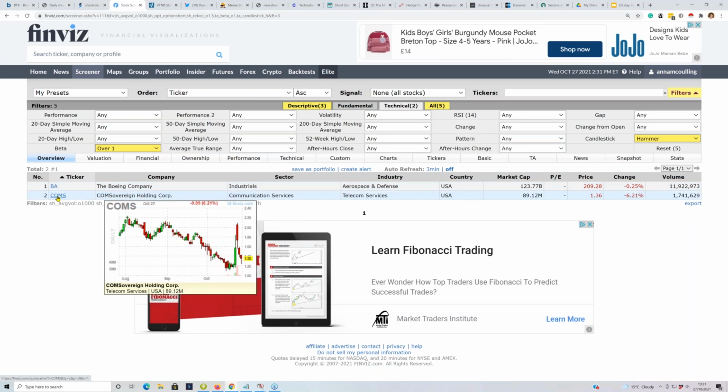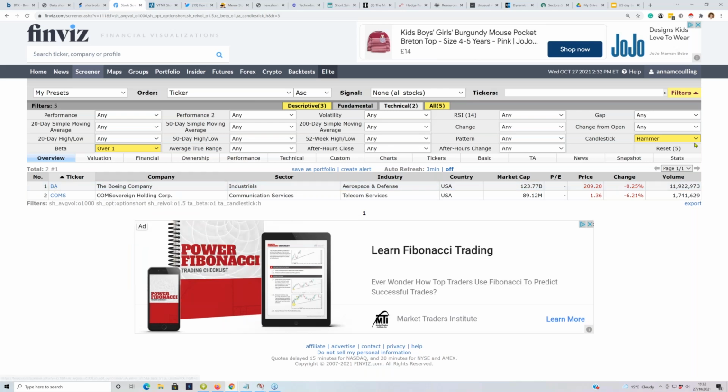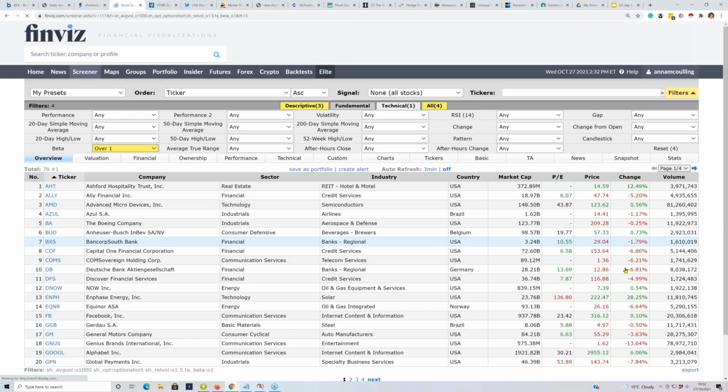If you've got wicks, it is one signal. It doesn't mean there's going to be an immediate reversal, but it's an initial indication that something is going to happen. So I hope you will spend a little bit more time on FinViz, playing around with the different filters and what have you.